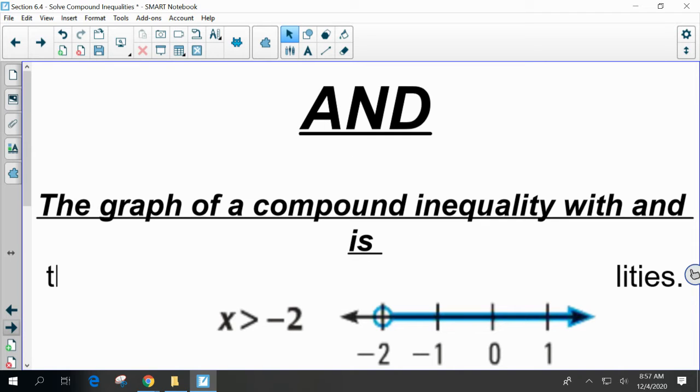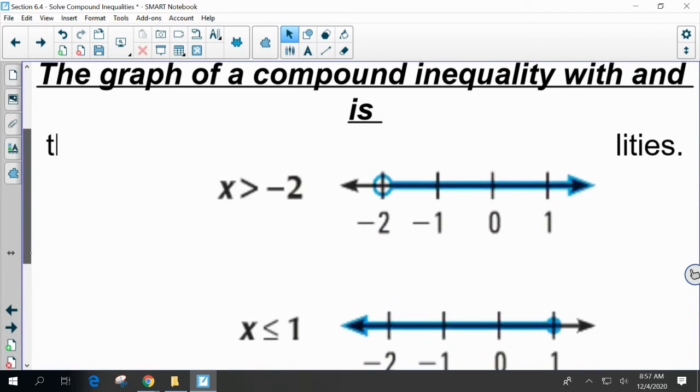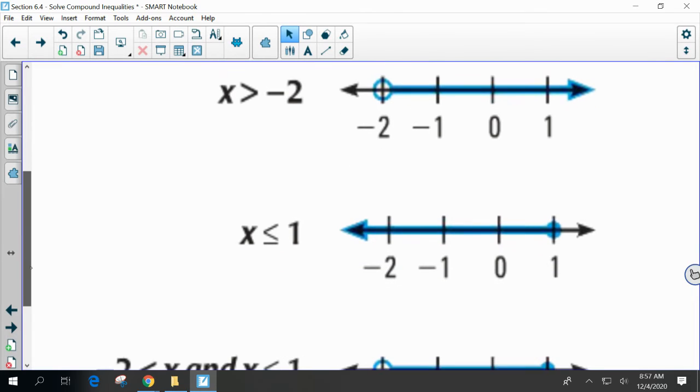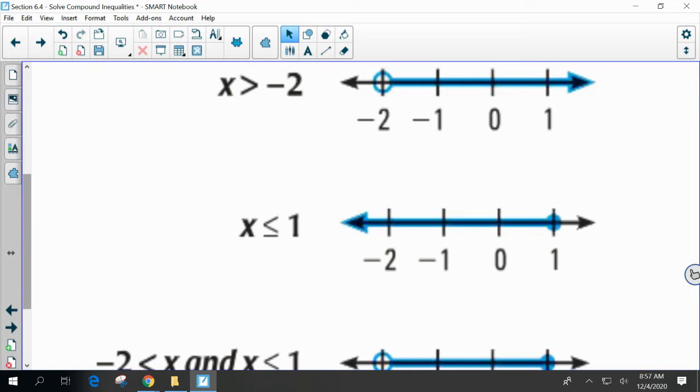Okay, so we're going to look at the graph of a compound inequality. When you have x is greater than -2, that would be an open circle going right at -2. If you were to graph x is less than or equal to 1, you would have a closed circle at 1 going left.